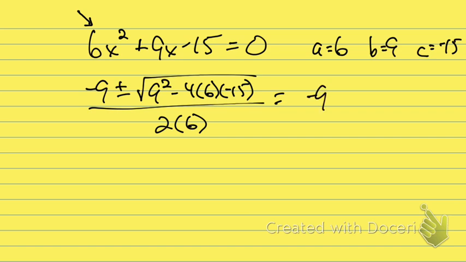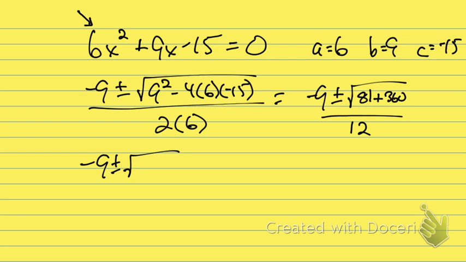That gives me negative 9 plus or minus the square root of 81 plus, what's 4 times 6 times 15? 360. When I do that, I do 4 times 15 first. 4 times 15, 60 times 6. Okay. And then divide that by 12. So I've got negative 9 plus or minus the square root of 441 over 12, which is nice because it's 21.